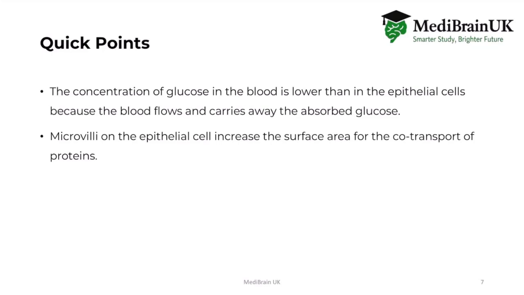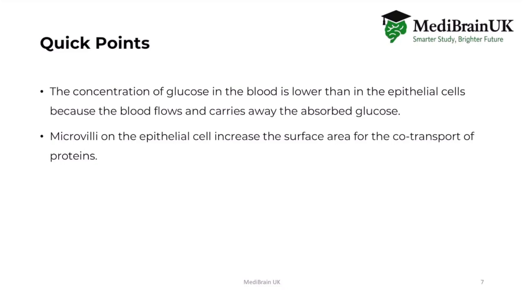Remember, we need as much surface area as we can in the small intestine. The small intestine is adapted to have a high surface area, because if it doesn't, then absorption is not going to take place at its maximum rate. We want it to take place at its maximum. That's why you have these villi and microvilli.